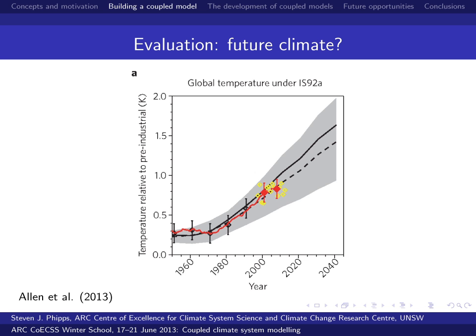So the dotted line here is the mean of a batch of model simulations that was run in 1996. About here is when they were actually run. The red line shows observations, both historical up to that point and what at that point was the future evolution of the climate system afterwards.